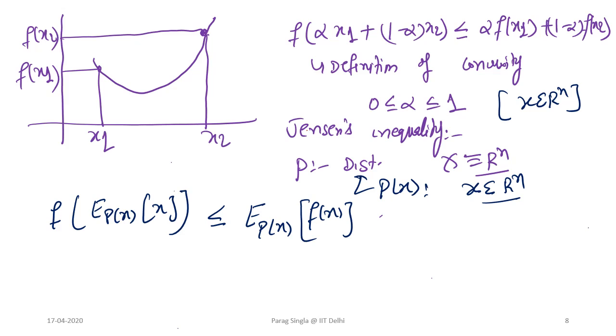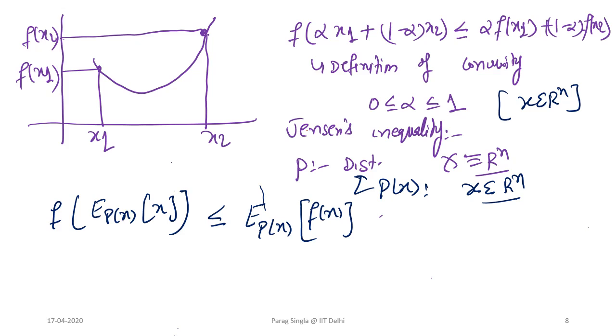So the LHS is essentially the function f evaluated at the expected value of x, and the RHS, the right hand side, is the expected value of the function f itself. Both are taken with respect to this distribution p of x, and it could be any distribution over x.